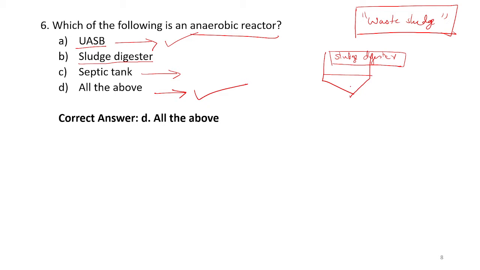One of the reasons is the low energy requirement in the anaerobic treatment for treating such a high load of organic matter. So sludge digesters are mostly operating in anaerobic condition, or they would be anaerobic reactors. So sludge digester is also correct.